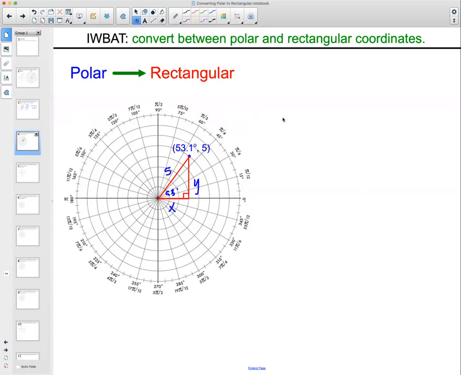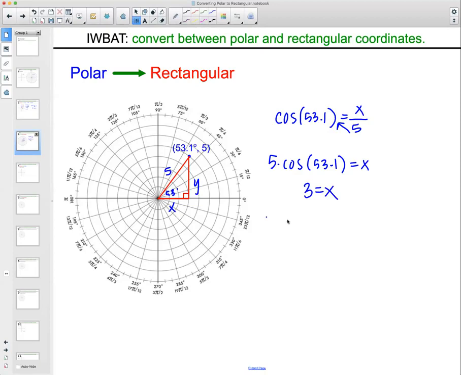So in order to find X, okay, we would be using a cosine function. So we would be setting up cosine of the angle equals the adjacent side over the hypotenuse. Then you can cross multiply and just type that into your calculator, and you would end up with your X value.